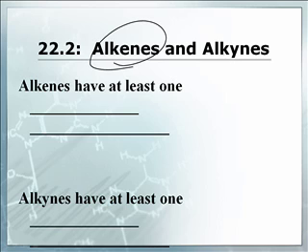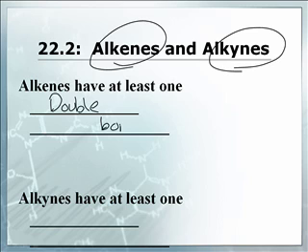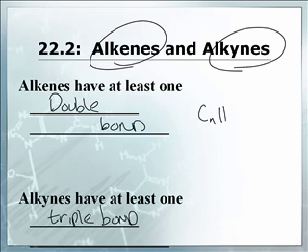We also have things called alkenes and alkynes. Alkenes have at least 1 double bond. Alkanes are all single bonds, alkenes have a double bond, and alkynes have a triple bond. What we should say also is that the formula for alkenes, by and large, is CnH2n.